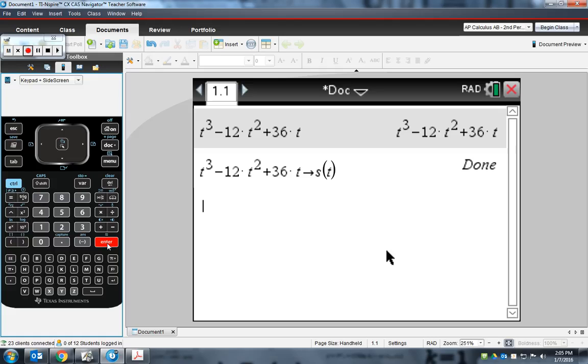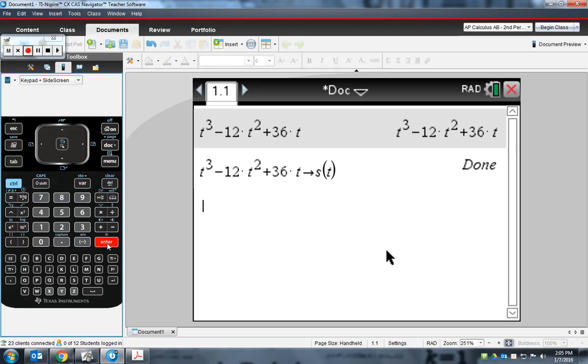The reason why I did that is I put the function in there first, pressed enter, then I controlled, stored it. The reason why is that let's say we want to know the velocity at a given point. If I want to know what is the velocity after 3 seconds, what can I do with what I have stored right now?